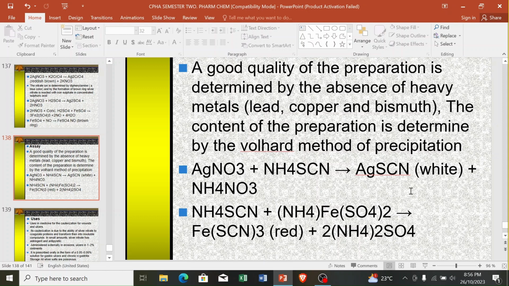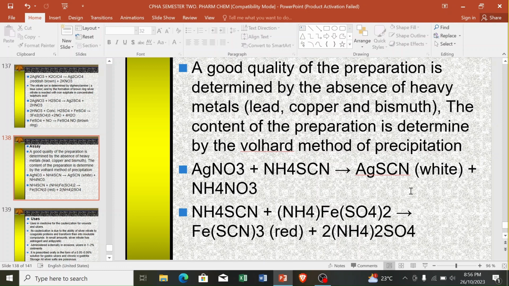So we shall have an ammoniacal solution of iron 2 sulfate, where we shall form a red precipitate, meaning we expect to have a red precipitate at the end. We expect our observation to be the red precipitate.